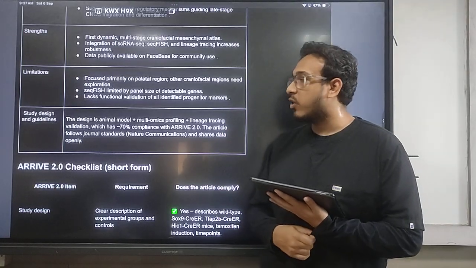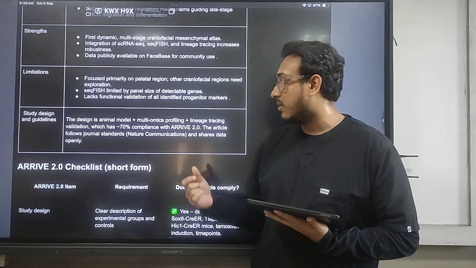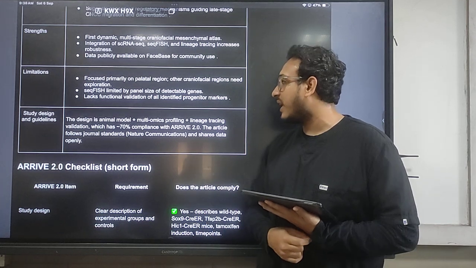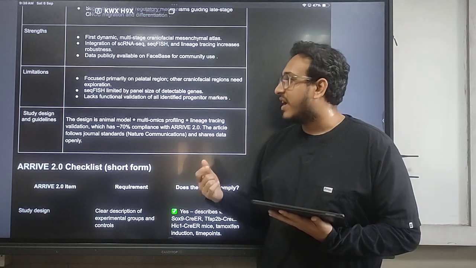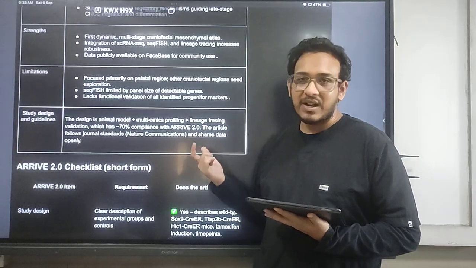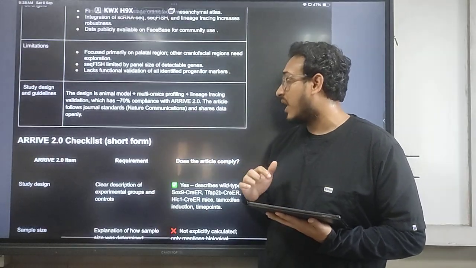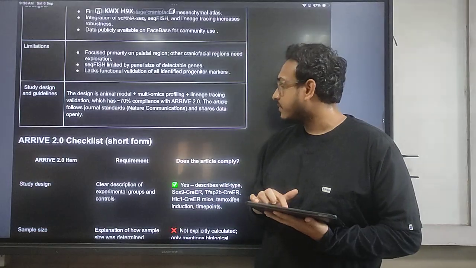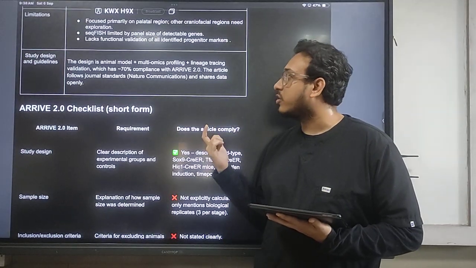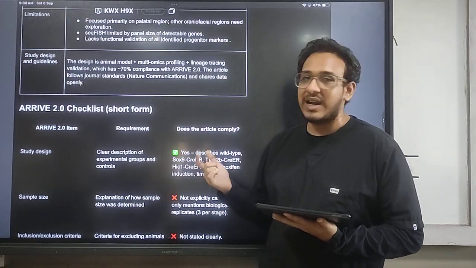So the study design was an animal model plus multi-omics profiling and lineage tracing validation, which complies with the ARRIVE guidelines. This article also follows the Nature Communications guidelines.